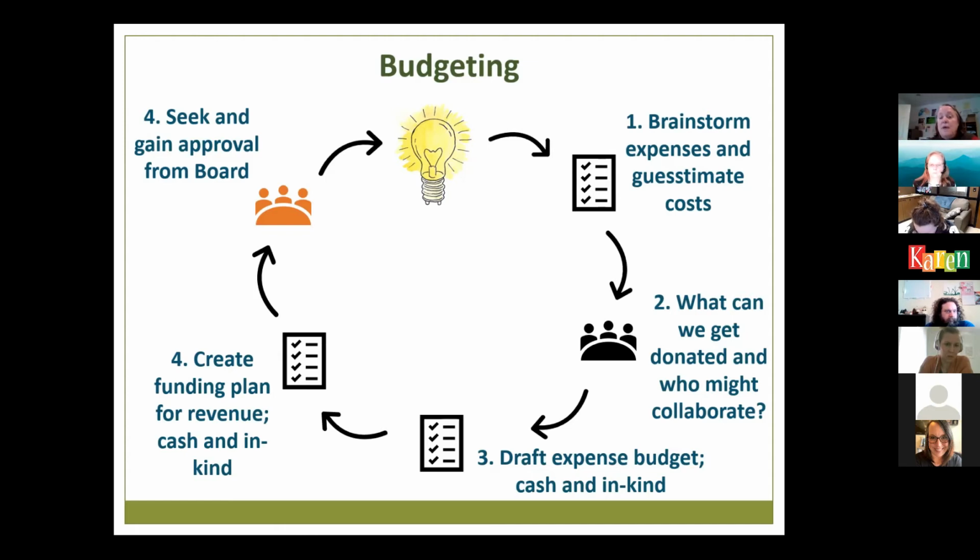We need to pay somebody to come in and coordinate that project. And then we need a nutritionist to come in and do some classes. And we're going to need some money for food so that we can have participants make some food during the nutrition classes. So there's our kind of brainstorm.